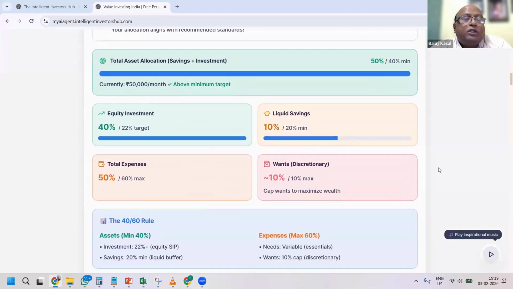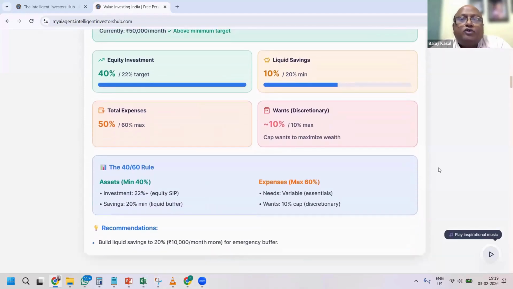Equity investment, I'm doing 40% and target and so forth. Liquid savings, 10% I'm doing. Recommended is 20%. Actually, this number can be 10%, 20%. I might go with it, but I'm giving the higher side as a benchmark, 20%. Expenses 50%, and so I'm doing it.